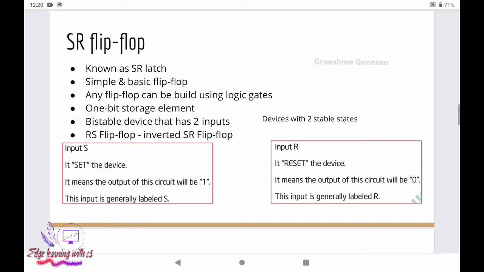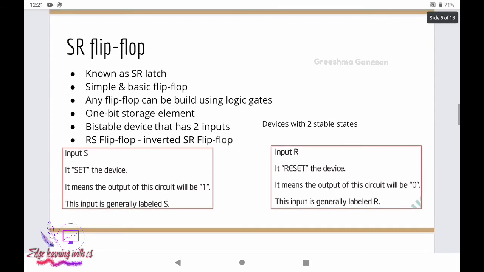Then what about the second input? That is input R. It is used for resetting the device. As you can see on the card itself, it resets the device. It means the output of this circuit will be 0. Reset means it will go to the initial state.